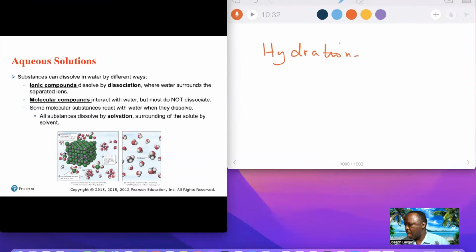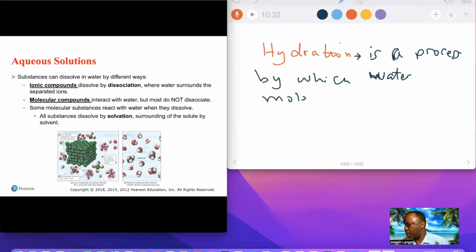So here, hydration is simply a process by which water molecules surround ions in solution.